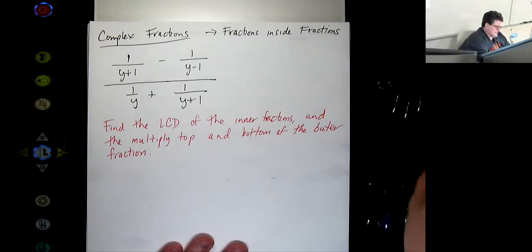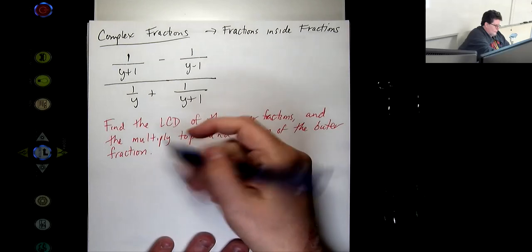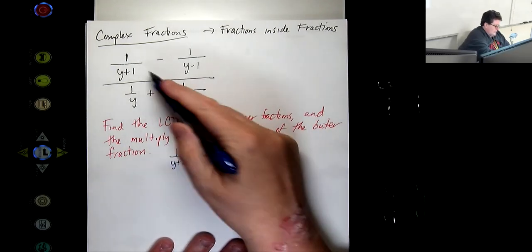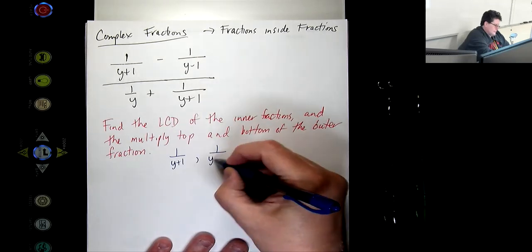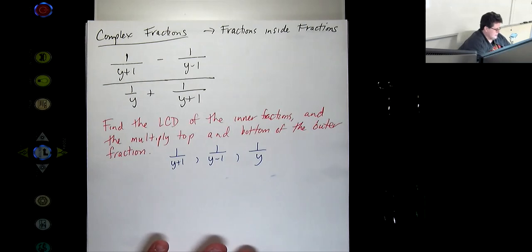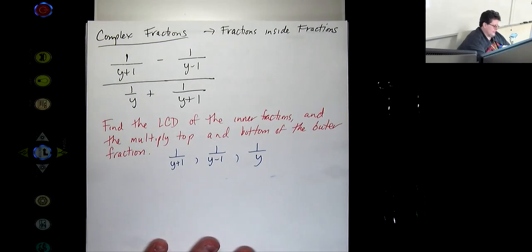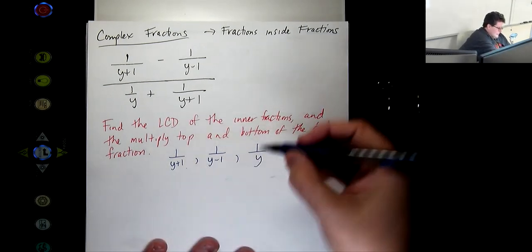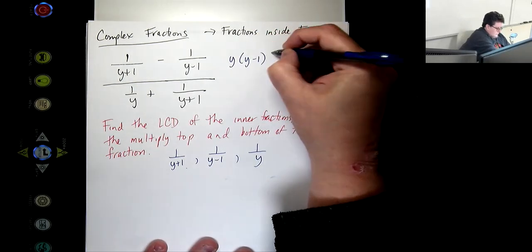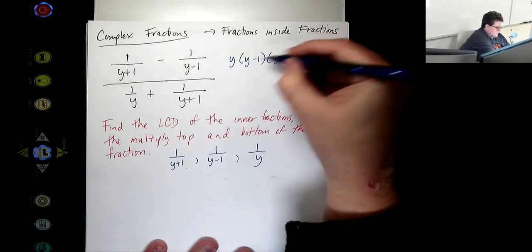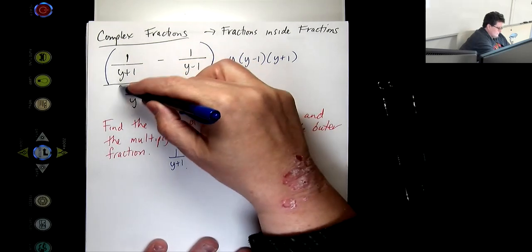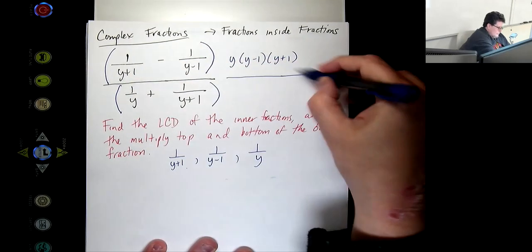My inner fractions here are 1 over y plus 1, and I've got 2 of those, one here and one here. I've got a 1 over y minus 1, and I've got a 1 over y. My denominators all look kind of unique, so I can just use each term. And I multiply that big one by that.